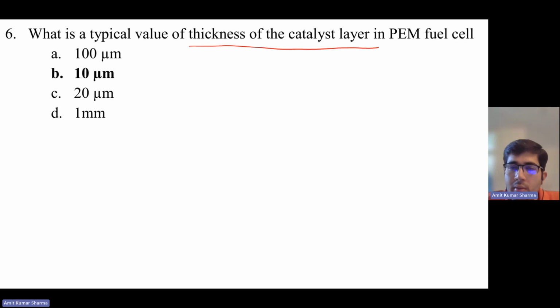The PEM fuel cell is a polymer electrolyte membrane fuel cell. Okay. So in this we use Nafion as a membrane. We supply hydrogen, we supply oxygen, and it is a low temperature fuel cell.